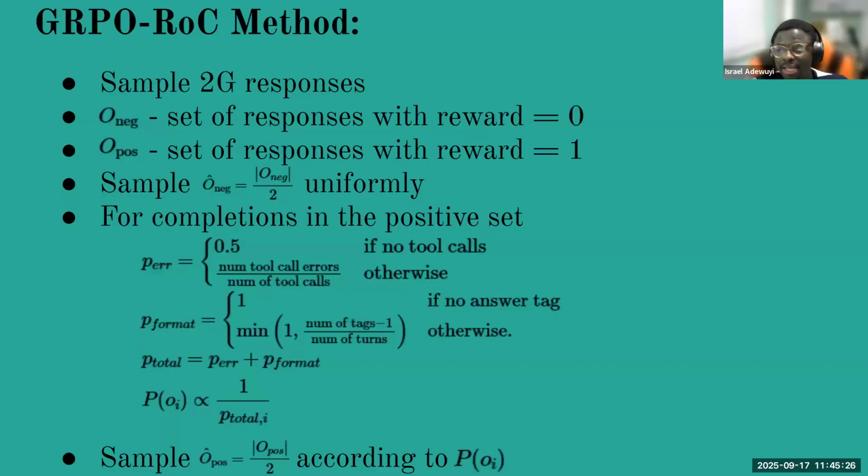I mean, they didn't give any empirical reason for why they use 0.5 or even 1 here. The only thing that was mentioned was that if p total is large, then you can expect either the model has a bunch of tool-call errors, or there are a lot of answer tags in the trajectory.